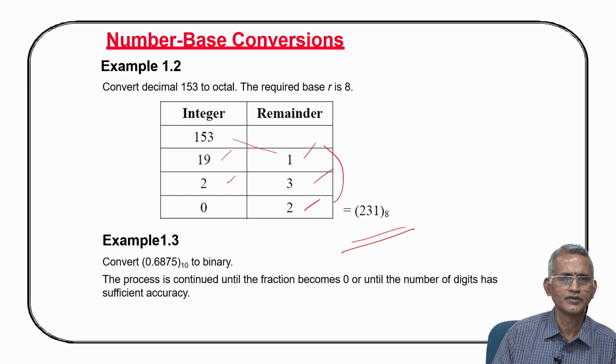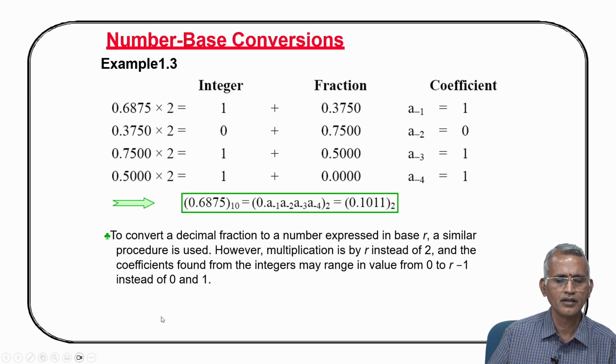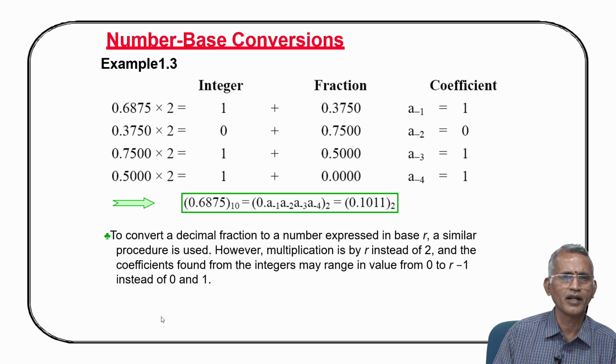Convert a decimal fraction to binary. The process continues until the fraction becomes 0 or until the number of digits has sufficient accuracy. For example, we have the number 0.6875, and then multiply by 2, so that the result will be 1.3750.